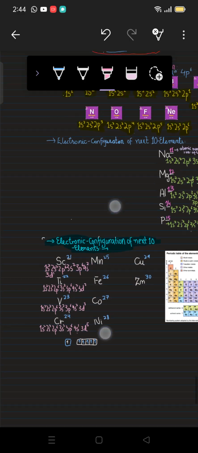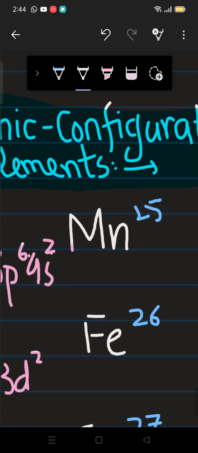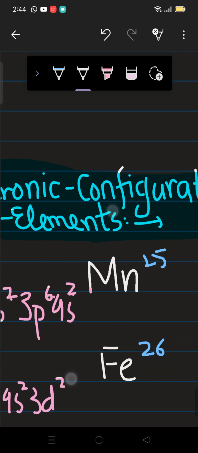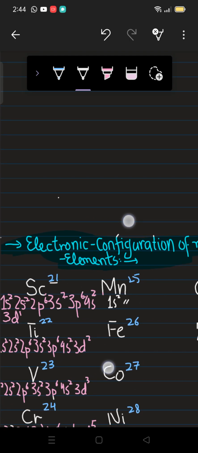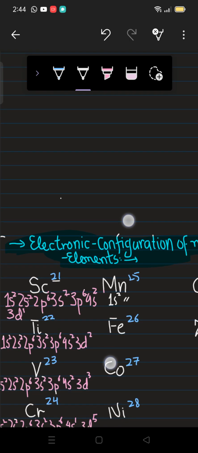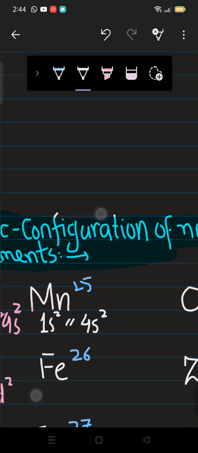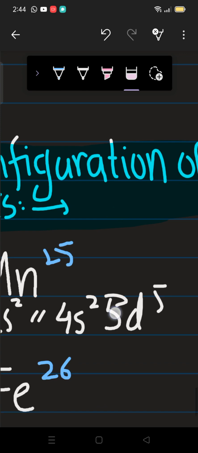Then manganese, again we're gonna apply the same method. 1s2, same 2s2, 2p6, 3s2, 3p6, 4s2, and 3d5.